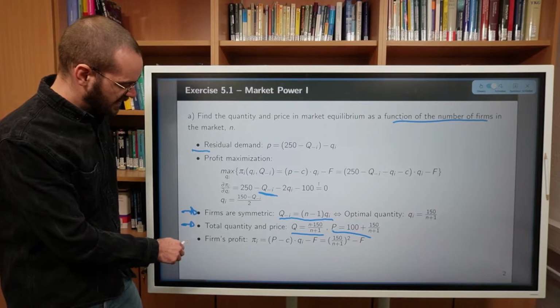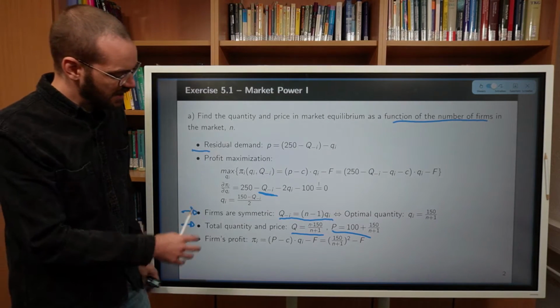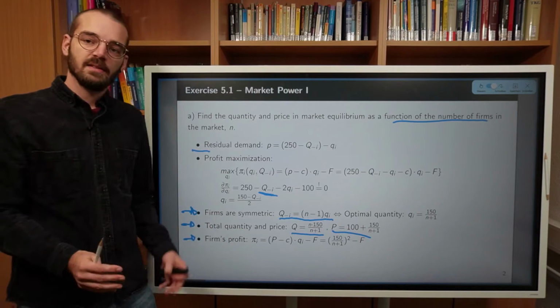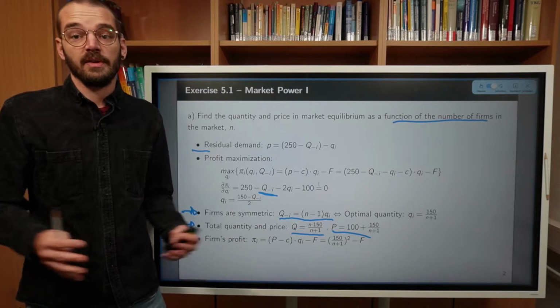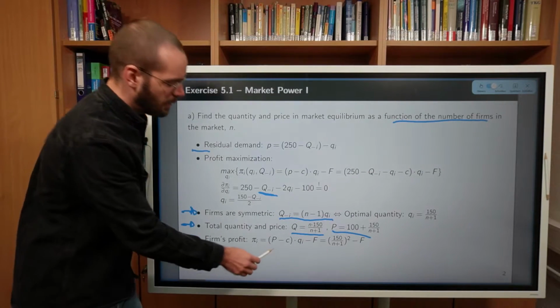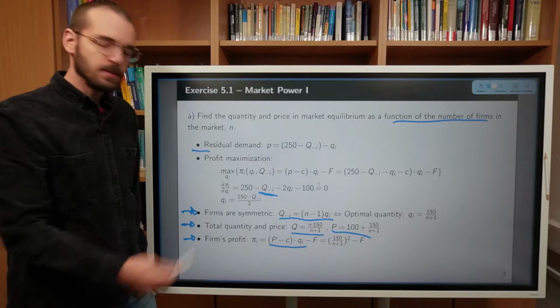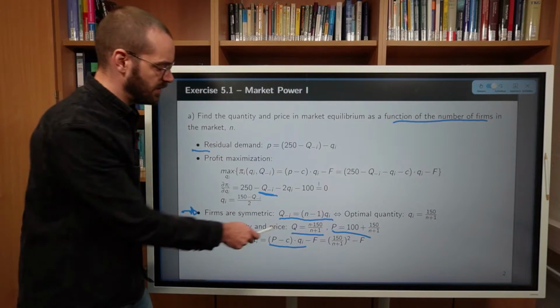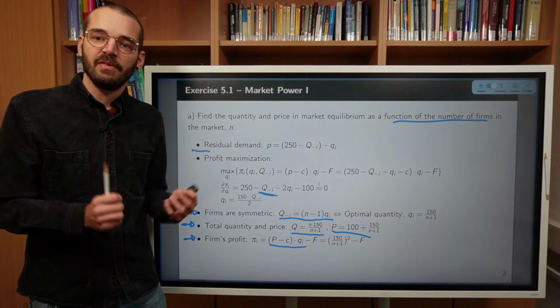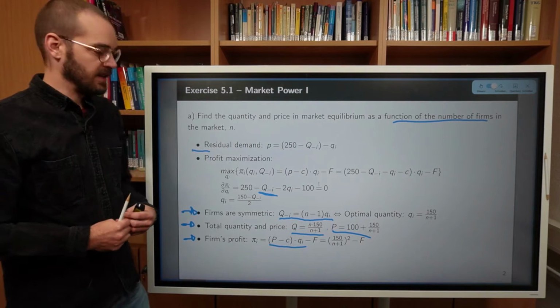And that's exactly what we're doing in this last and final bullet point on this slide, where we simply calculate the profits of all firms, or of each individual firm to be more precise, as we usually do by simply multiplying the profit margin, P minus C, with the individual produced quantity, and then of course subtracting the fixed costs if applicable in the case.